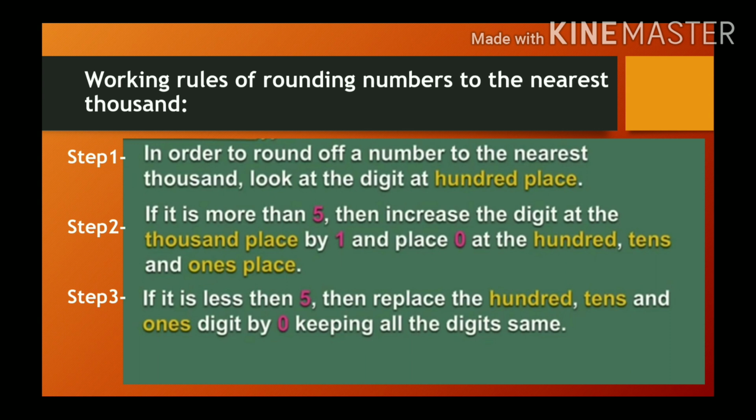Step 2: If it is 5 or more, then increase the digit at the thousands place by 1 and place 0 at the hundreds, tens and ones places. Step 3: If it is less than 5, then replace the hundreds, tens and ones digits by 0, keeping all the other digits the same.